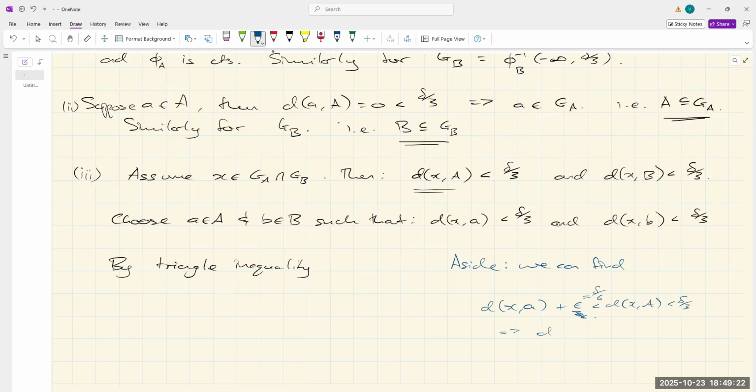So that means we could do the distance of x comma a is less than delta over 3 minus delta over 6. And this is 2 delta over 6, which is delta over 6. Okay, and then the proof will continue from there. So you could do it this way if you want as well.